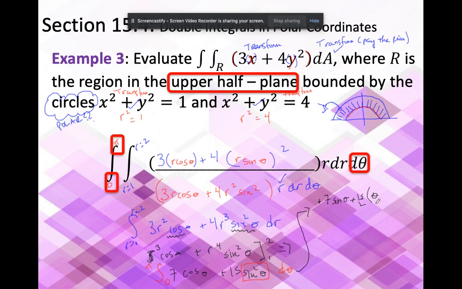So I ended up with, after integrating, theta minus cosine 2 theta over 2. And all of this I was integrating from 0 to pi. And when I was all done, I got 15 pi over 2. Woohoo!